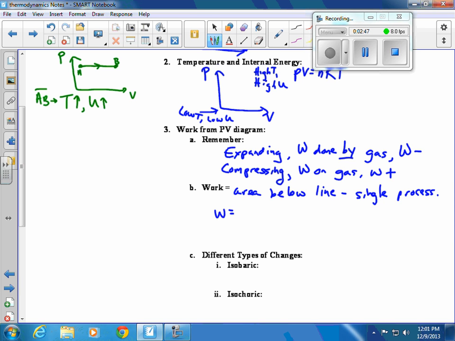Work is equal to the area inside for a closed cycle.